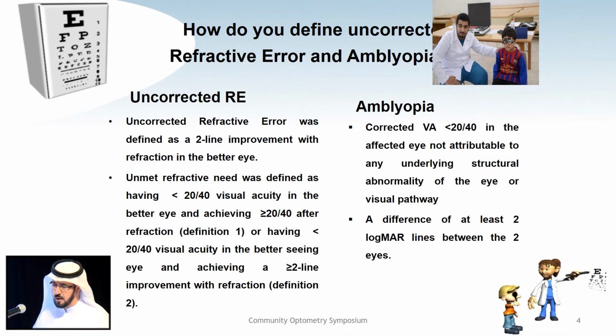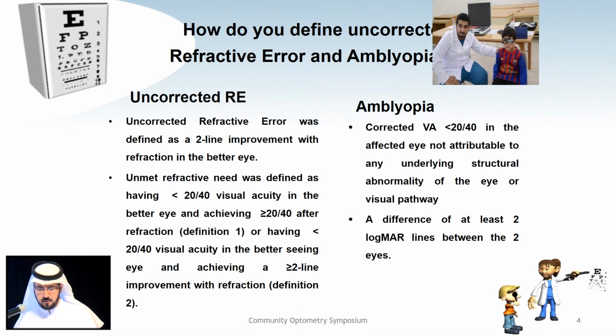So how do we define uncorrected refractive error? It's a two-line improvement with refraction in the better eye, or unmet refractive need was defined as having 20/40 vision, whereas visual acuity in the better eye achieves 20/40 or better after refraction. So this is definition 1.